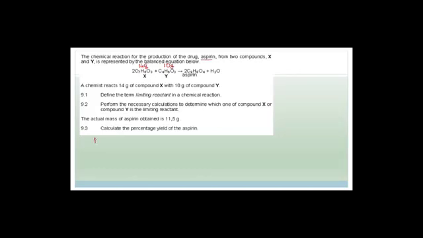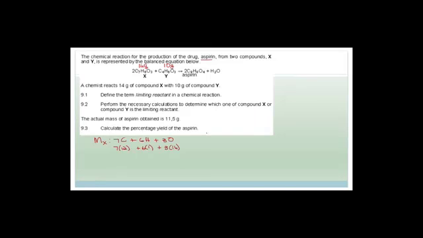So we're going to first find out the molar mass of X. That is made up of 7 carbons plus 6 hydrogens plus 3 oxygens. So it's going to be 7 times 12 plus 6 times 1 plus 3 times 16.